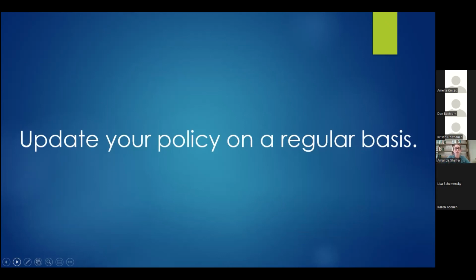One, because then you know what is in your policy, and then there might be things that, like I said, you need to update. Some things I have found important, especially as I'm the only librarian in the high school, we have one other librarian in the district, there's just the two of us, is to just cover everything, to make sure you've covered your bases and that you know you're safe.